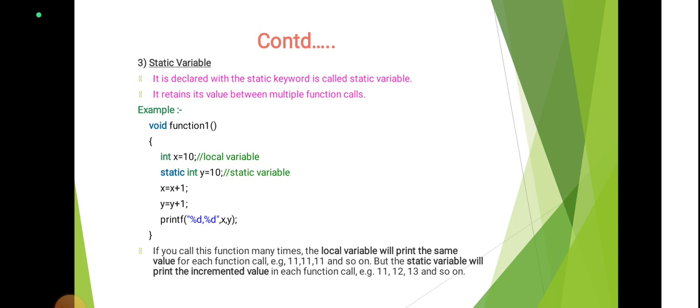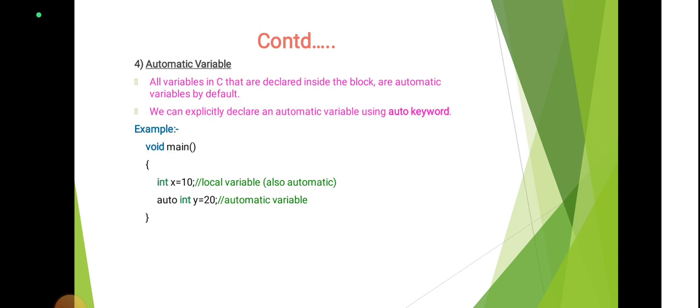Then the next type of variable is the automatic type. All variables in C that are declared inside a block are automatic variables by default. It means when you declare a variable without any keyword, that variable works as an automatic variable.